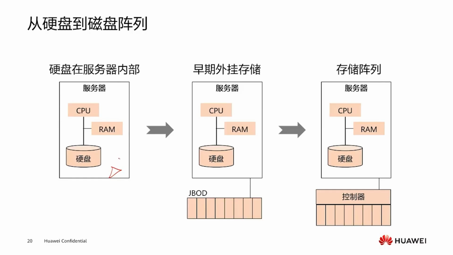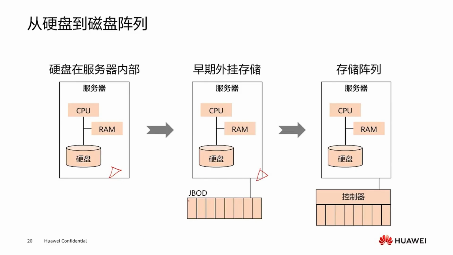For example, the size of our server is fixed and the slots are also fixed, so the expansion of capacity is limited, and in this case, each disk stores data independently and the reliability is relatively poor. And we know that the speed of CPU and RAM processing I/O is relatively high, but in that era, the speed of hard disk processing I/O was not so high.